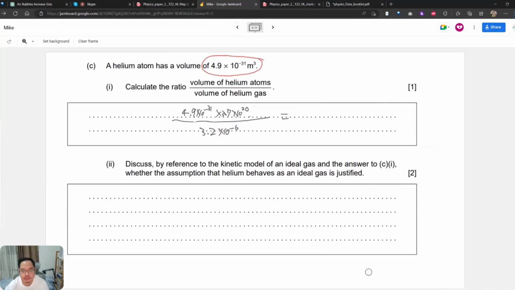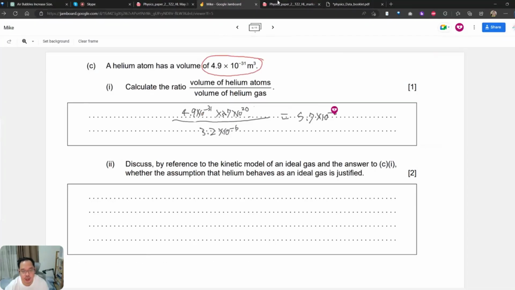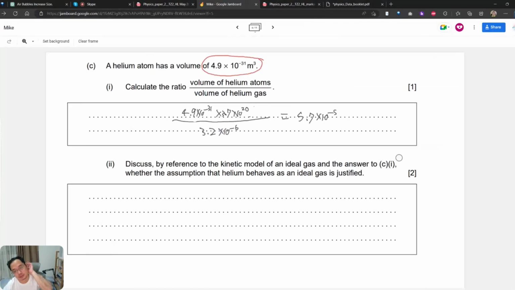It is 5.7 times 10 to the negative 5. Yeah, very close to the answer. What does it mean? A very small number.